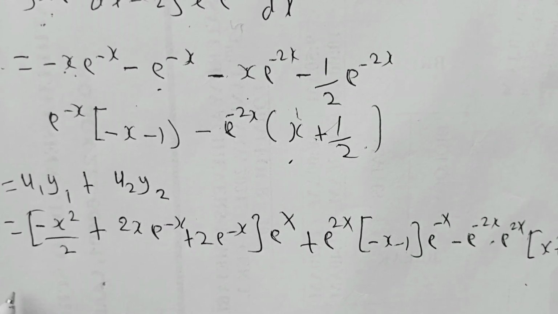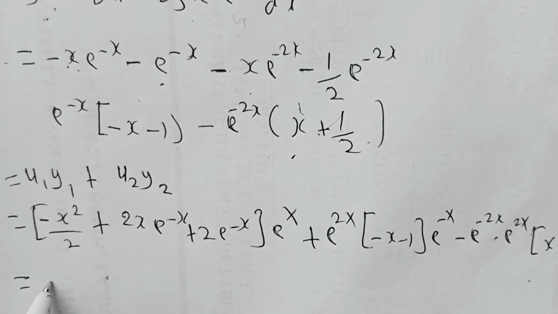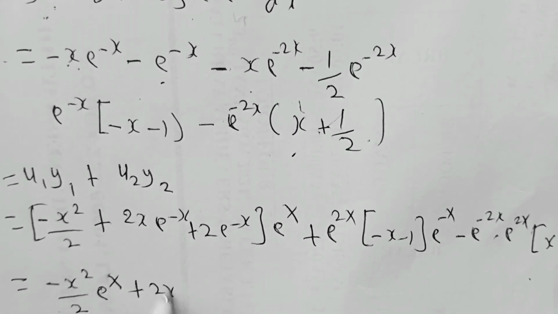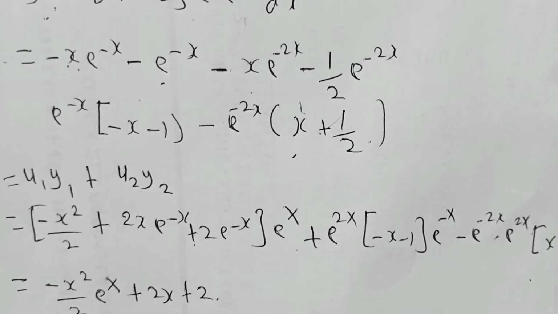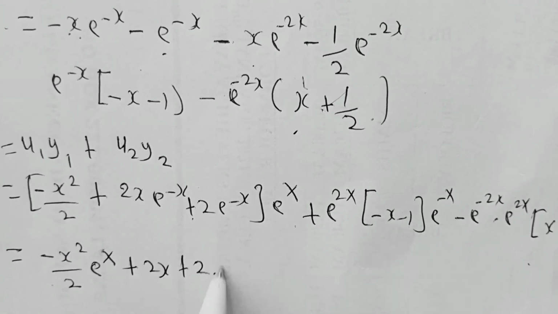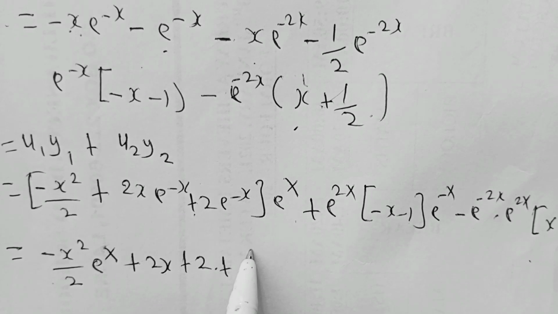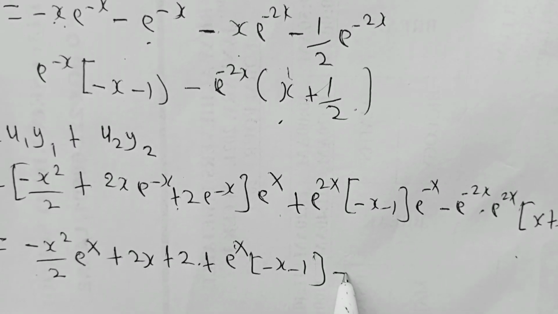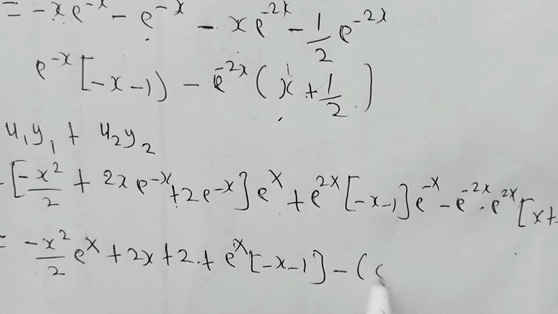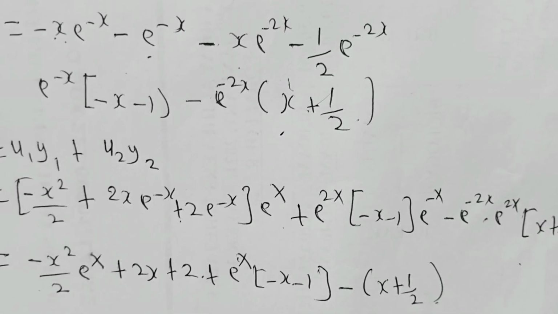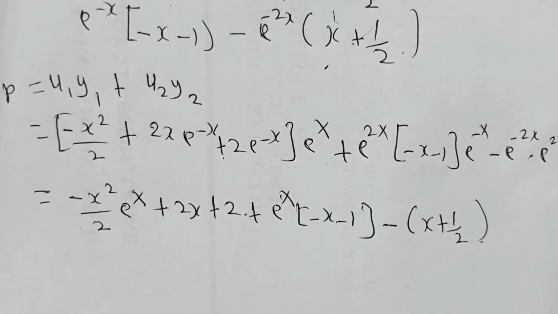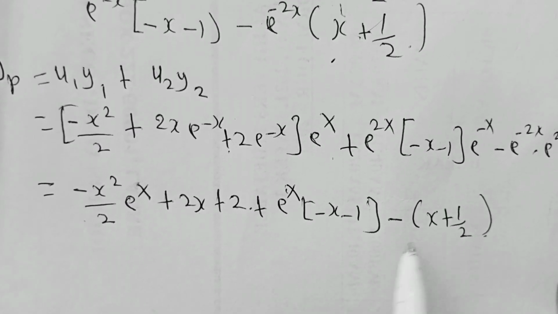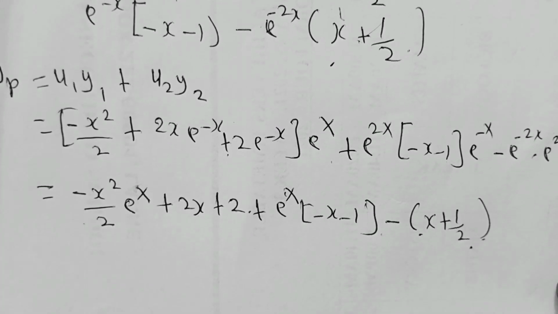I'm substituting this part here, which will give us the following. Here we shall have negative x squared over 2 exponential x plus 2x plus 2, this part here, plus exponential x into bracket minus x minus 1, then minus bracket x plus half, which can be simplified if need be, because we have this part here with the x and the other part with the x. So we can combine this part here with the x.